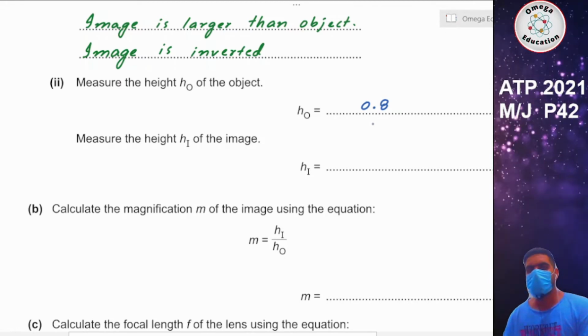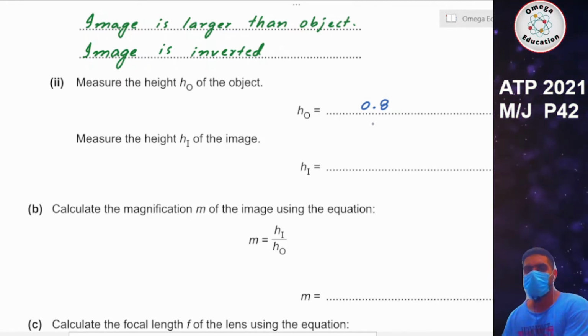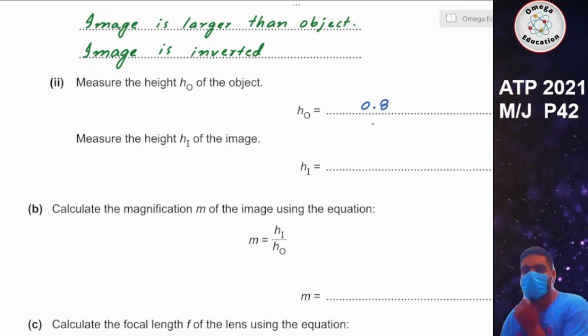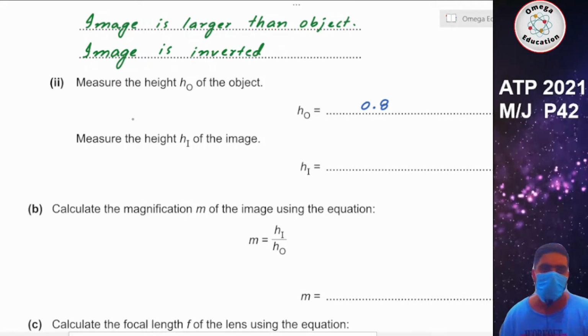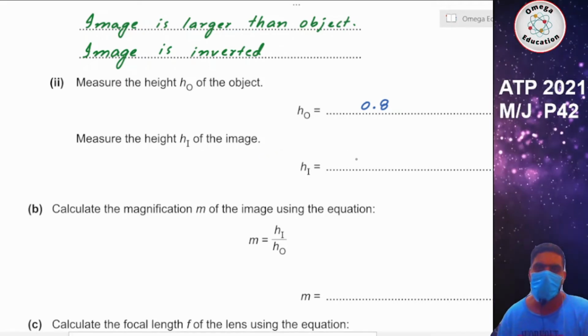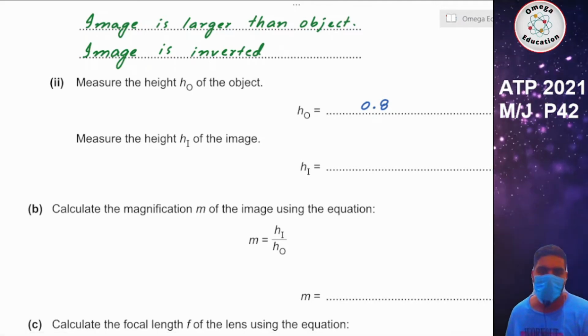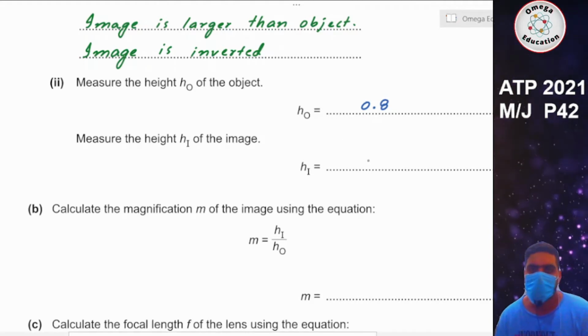Once again, this answer might be different from the answer provided by Cambridge because for different prints, the dimensions are a little bit changed. Now the height hi of the image, and that one is 2.3.